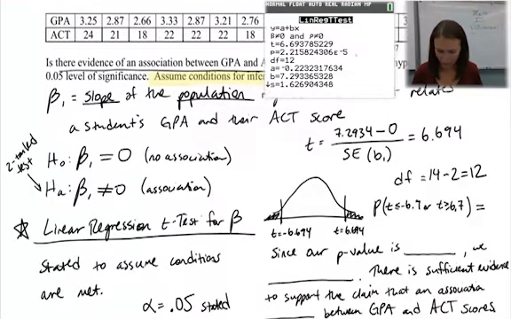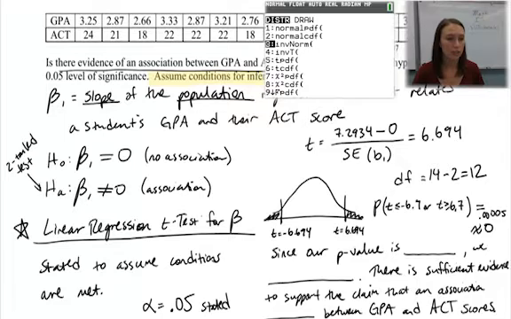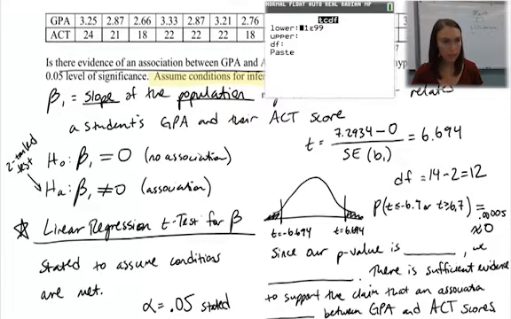That is 0.00005, or approximately 0. To find that probability and show our work, we would usually use a tcdf function. I could go 2nd, Vars, and down to tcdf. Then I can leave my lower value as is and use my upper value of negative 6.694 with degrees of freedom of 12.